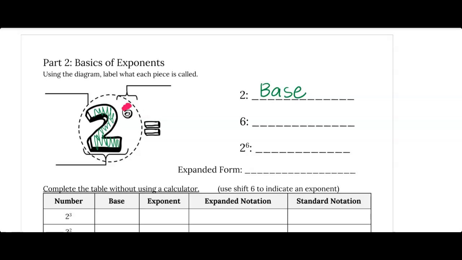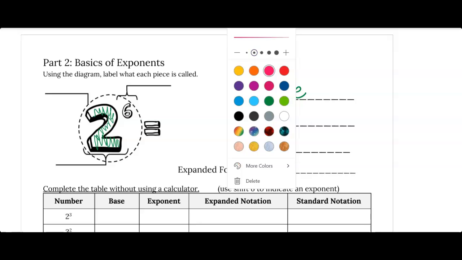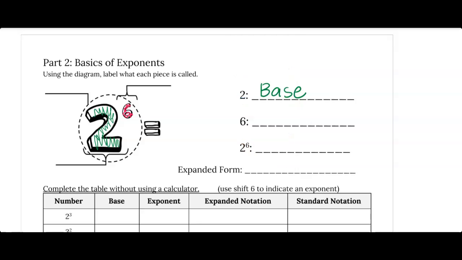The 6 is what we call the exponent. And both of them together, this entire piece, 2 to the 6th, is what we call the power.